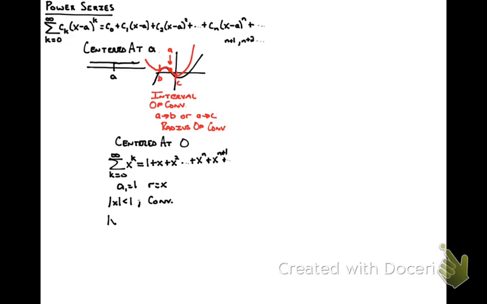Whenever the absolute value of x is greater than or equal to 1, the series diverges.